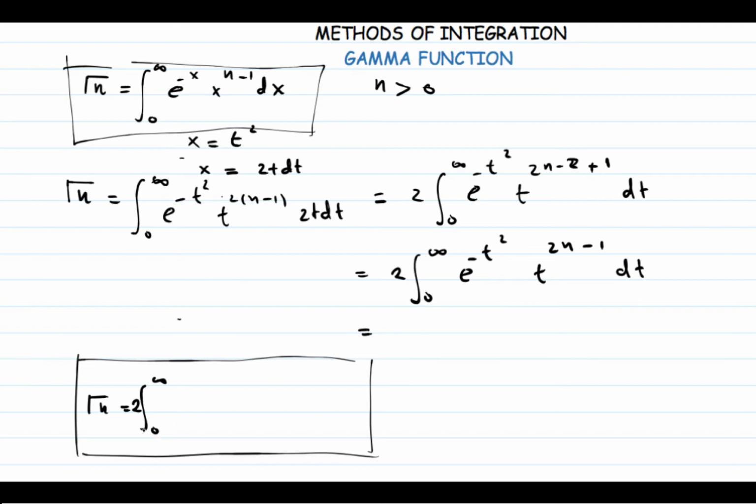So in general terms, we're going to say 2 times the integral from 0 to infinity of e raised to minus x squared, we're just calling it another variable, in this case x, okay? It doesn't mean there's an equivalence with this one, it just means that it's a general way we can call it, not a definition we're giving, of x raised to 2n minus 1 dx. So these two forms can be used as the definition of a gamma function.